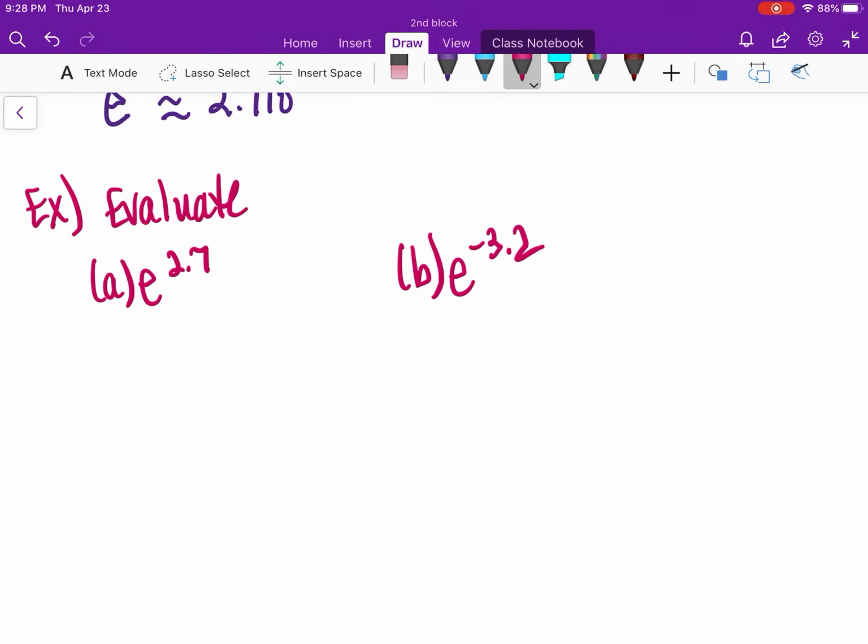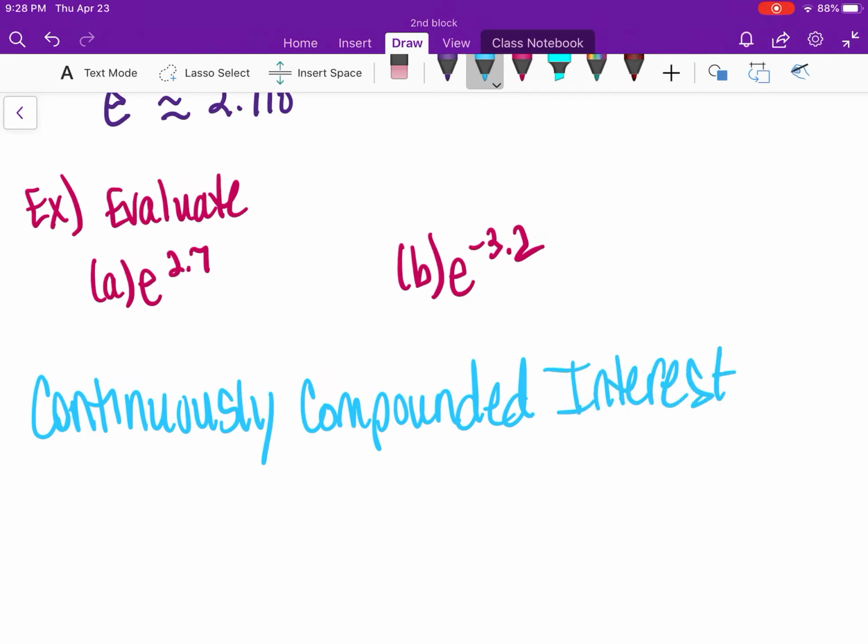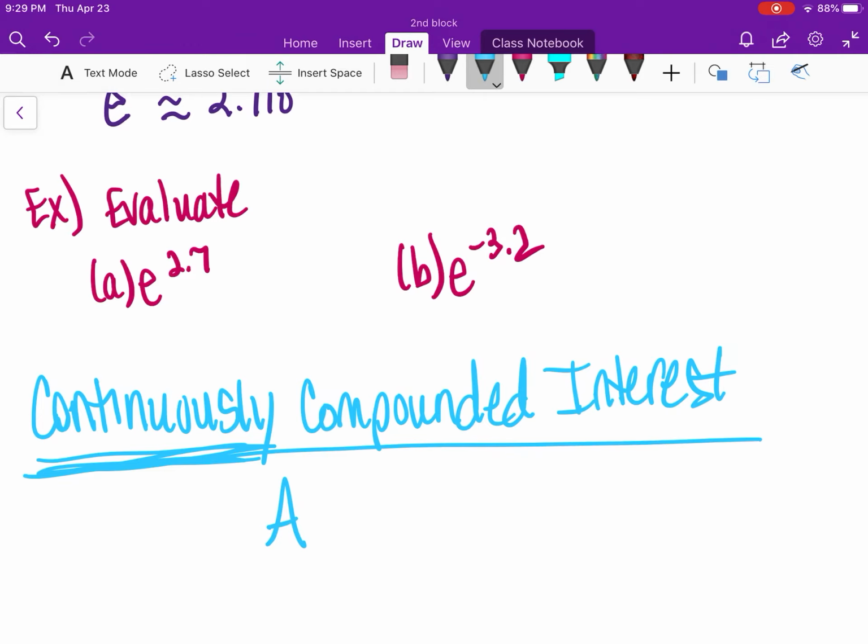Okay, now that we know that, we're going to look at a formula with E in it. This is another compound interest formula, but this one is for interest that's compounded continuously. So our key word is continuously.